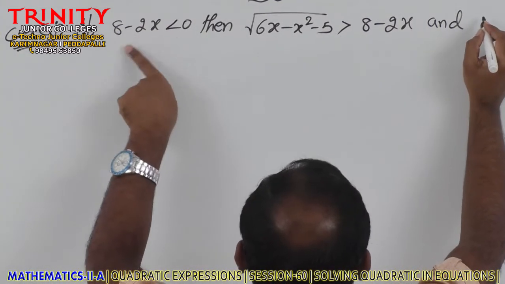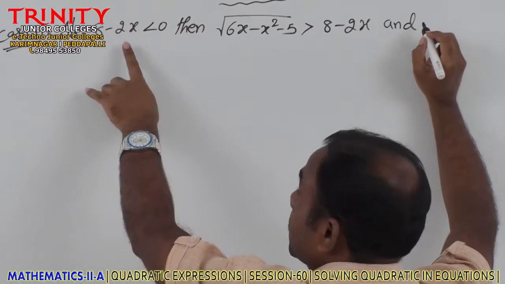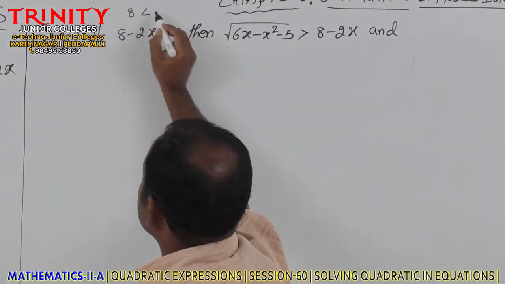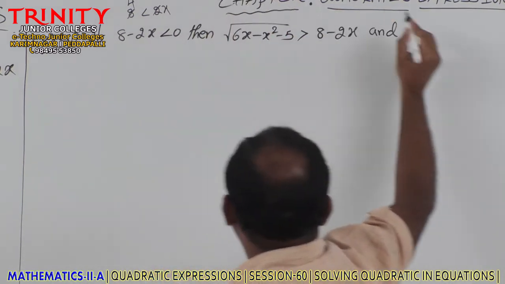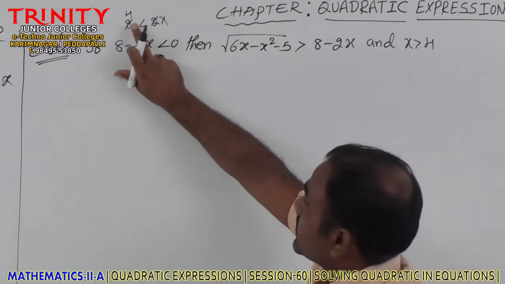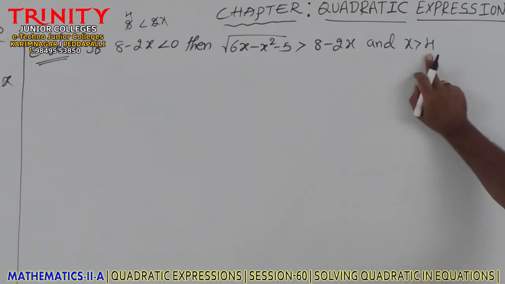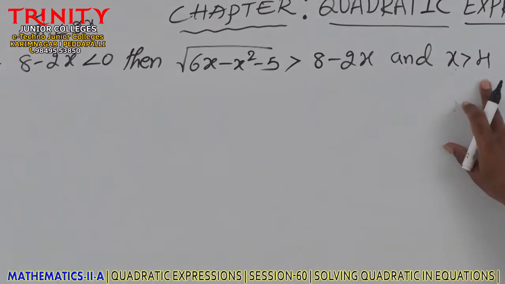Then what will we get here? 8 − 2x < 0, so 8 < 2x, and 4 < x. We can take x > 4. If a is less than b, then b is greater than a, therefore x > 4.